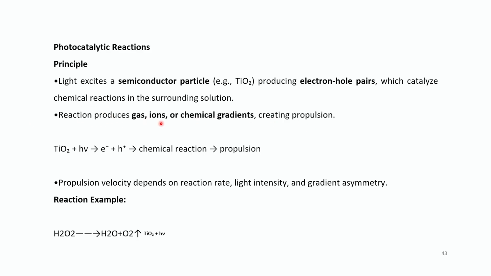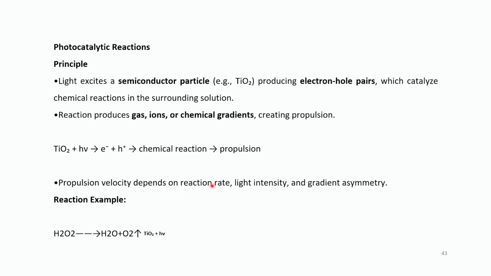So TiO2, light is falling upon it, hν, and then it is creating an electron and hole pair. So this is going to create a chemical reaction and propulsion.